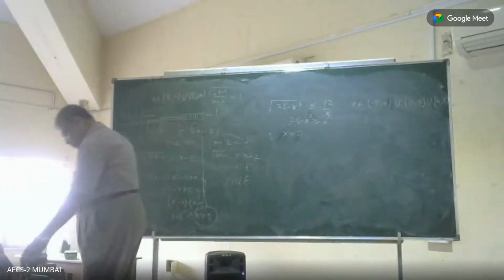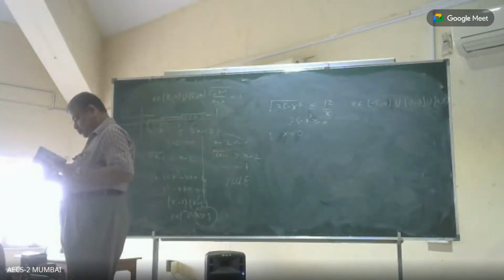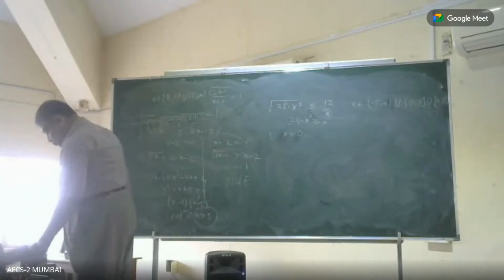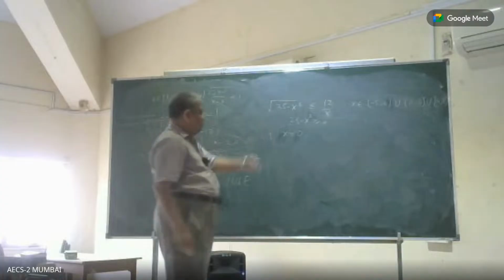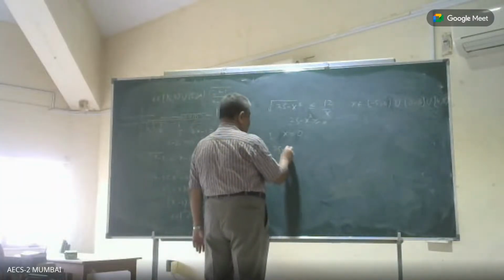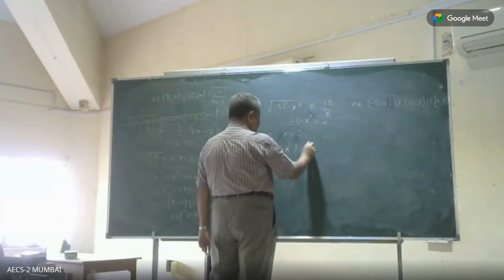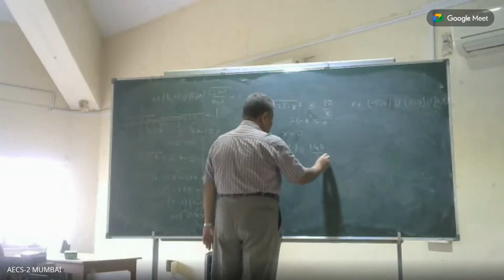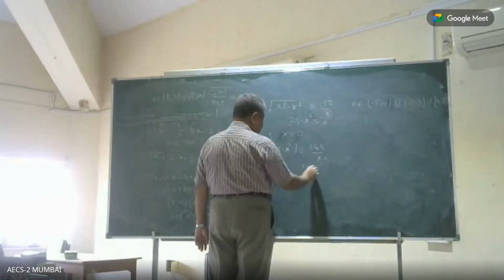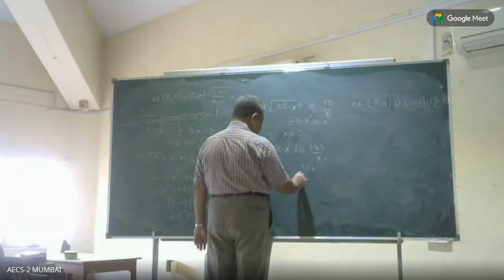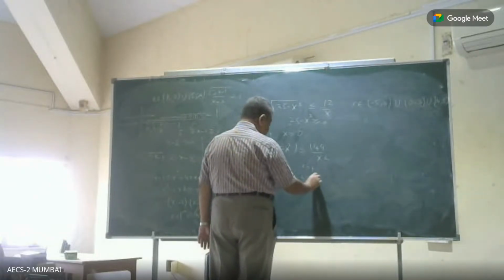Let me see. Okay, let's see. So when x is positive, we can square both sides of 25 minus x square and 144 upon x square. Say x square is t. So this is 25 minus t and 144 upon t.